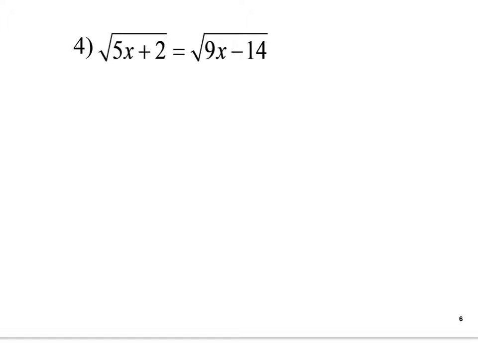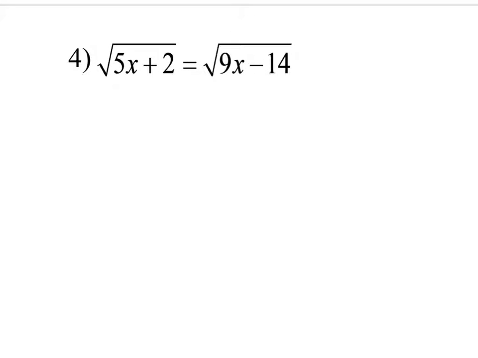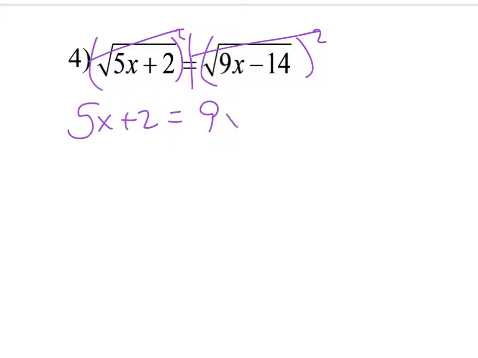Okay, basic idea here is you have two radicals. They're already isolated. They're alone. So when I square both sides, pretty straightforward. 5x plus 2 equals 9x minus 14, and you solve. So this one actually looks harder than it is.